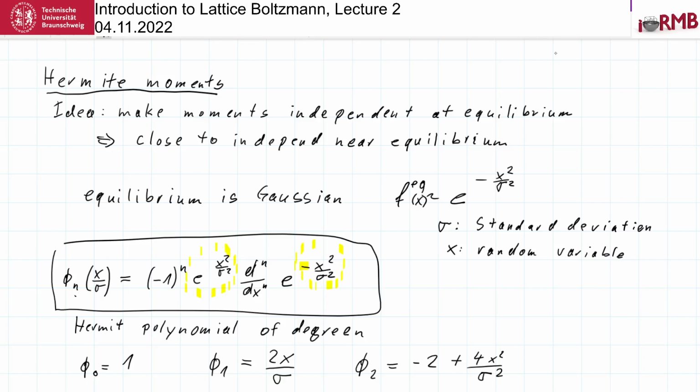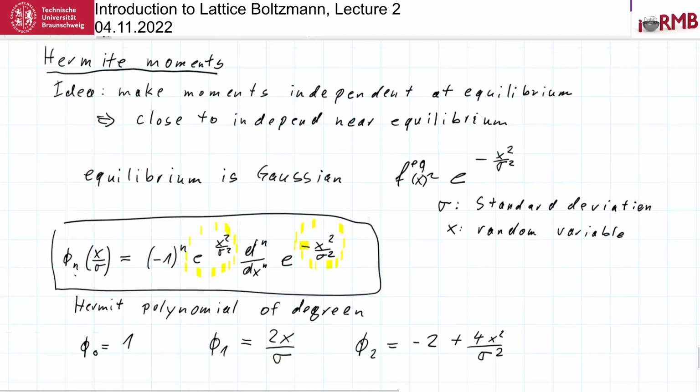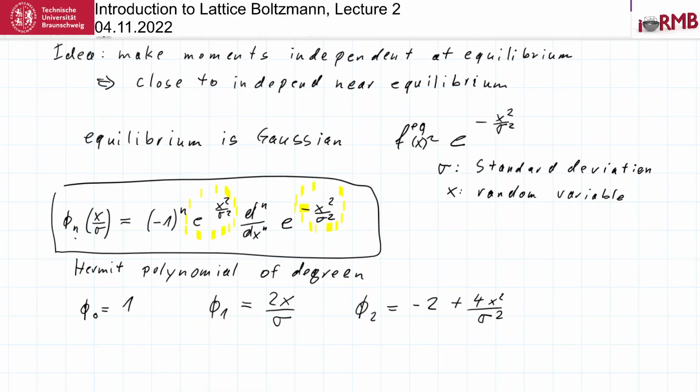For kinetic theory, we need them in three dimensions. So we get the multi-dimensional Hermite polynomials by so-called factorization.